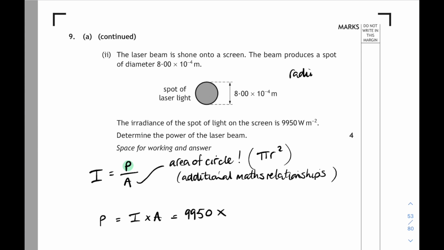Now, careful here because we're given the diameter of the spot. So the radius will be half of that. That's 4 times 10 to the minus 4 metres. And we substitute that into the area of the circle. So pi times 4 times 10 to the minus 4. Don't forget to square it. It's just the radius that's squared.